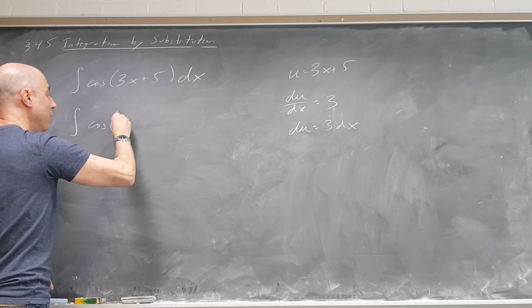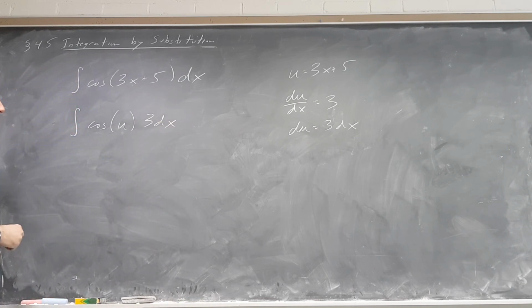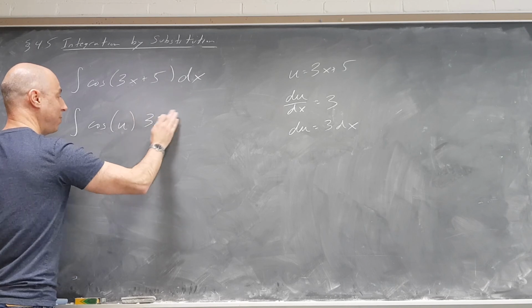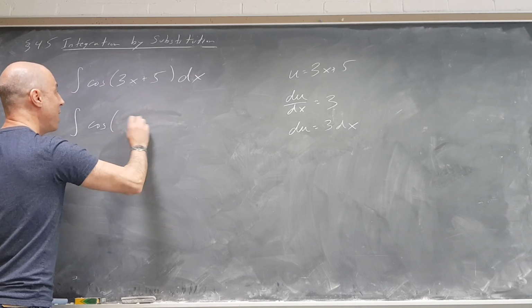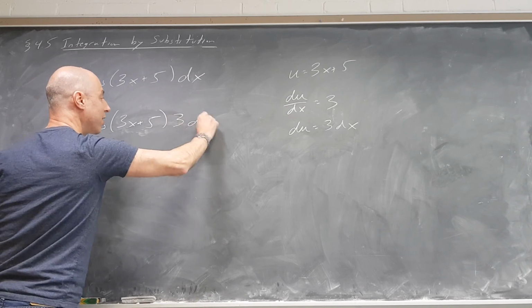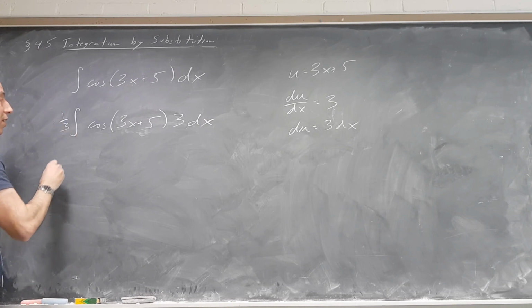This is just cos of u, 3 dx, but since I can't go around willy-nilly multiplying things by 3, I'll put a 1/3 out front.